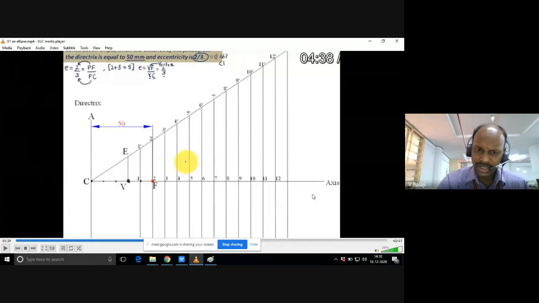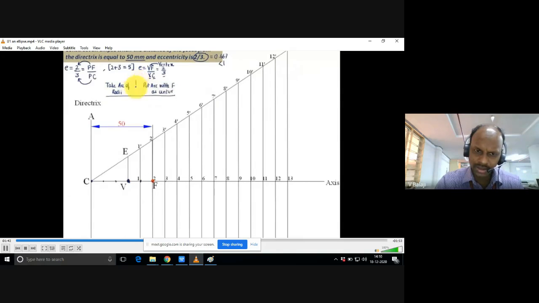To draw the ellipse, the last important step is to take your compass and set the radius 1, 1 dash. This is the first radius you need to set with your compass, and the center of the arcs is always the focus.